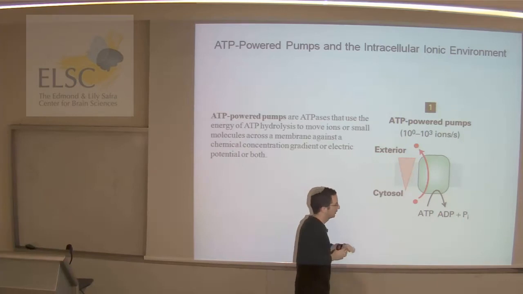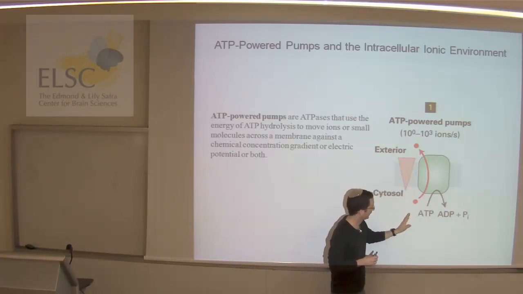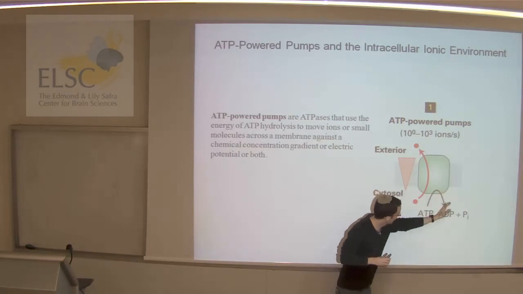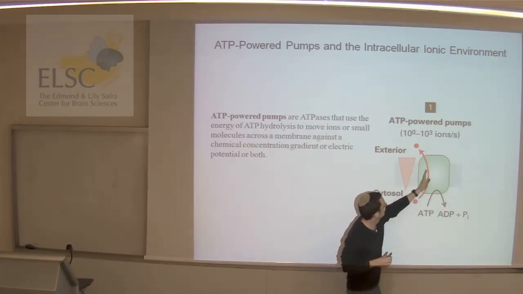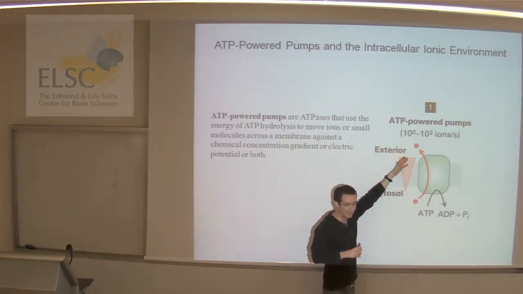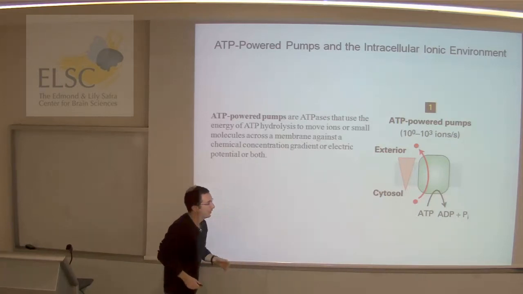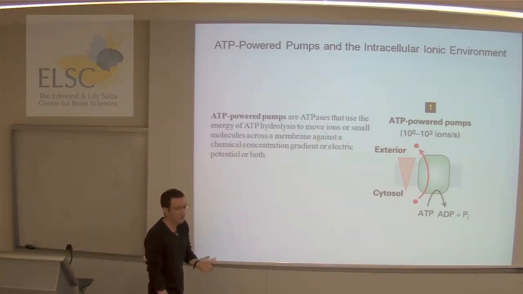And ATP-powered pumps hydrolyze ATP, thereby coupling this exothermic reaction together with this endothermic reaction, because moving an ion against its concentration gradient is an unfavorable reaction. It's a reaction with a positive delta G, or an endothermic reaction.